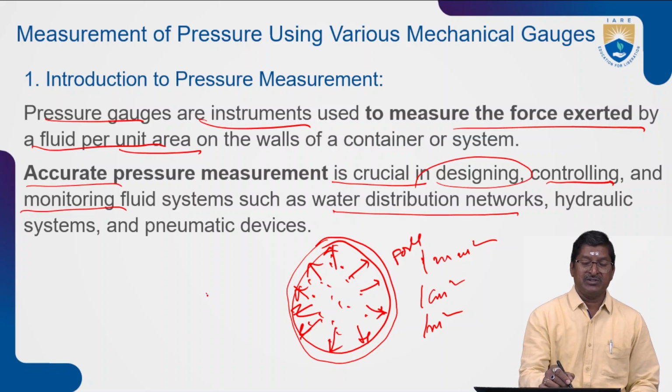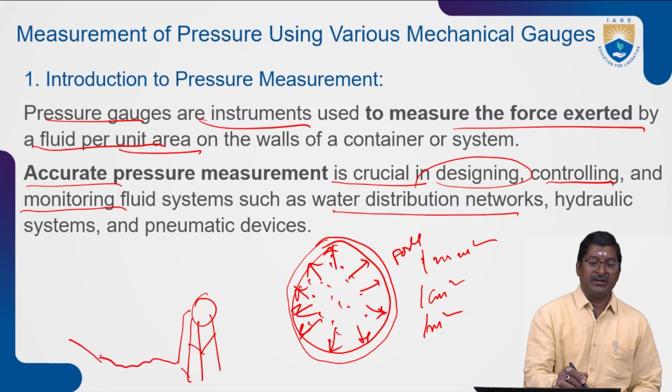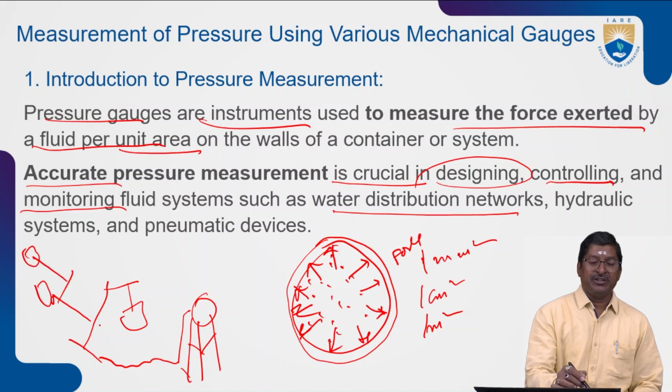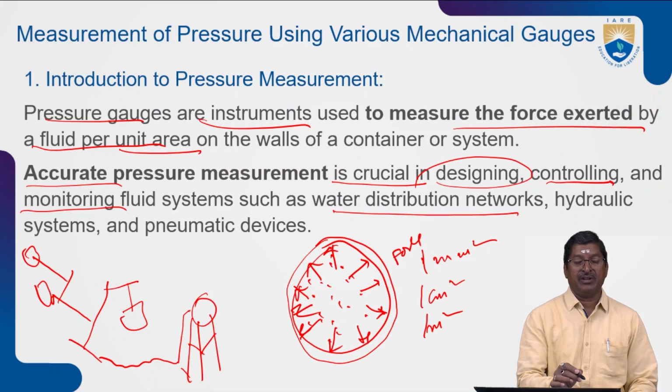If it is an overhead tank, let us take, the pipe will come here and travel like this. Here some house will be there, and here some other house. Like this, a network of water pipes or fluid pipes is called a water distribution network.